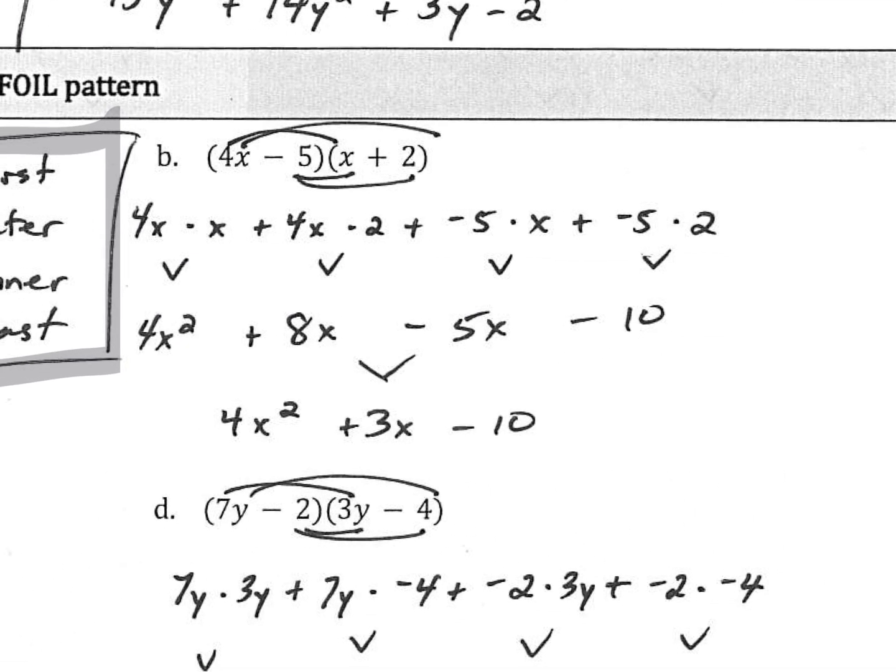Let's look at example B for another example. We need to do 4 times x, 4 times 2, negative 5 times x, and negative 5 times 2. We need to multiply 4 different things together in order to do this problem. 4x times x is here. We get 4x squared.